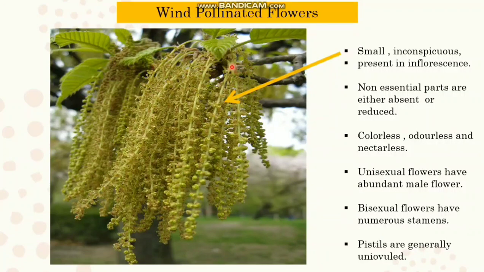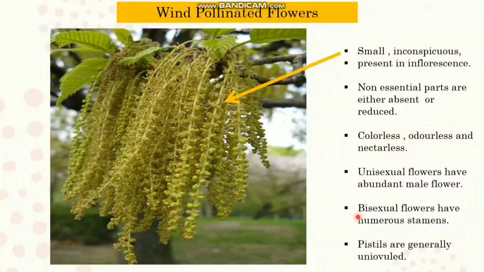Now, if the flowers are unisexual, in that case, they produce a large number of male flowers. But if the flowers are bisexual, then the number of stamens is more as compared to pistils.